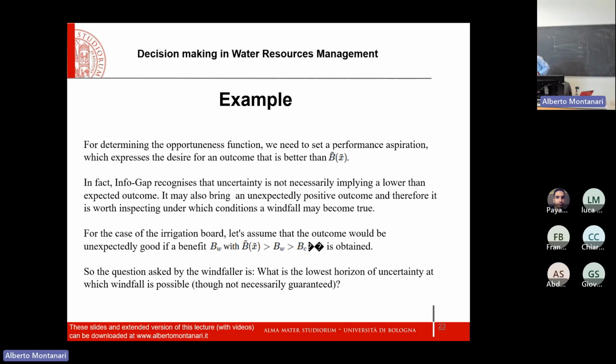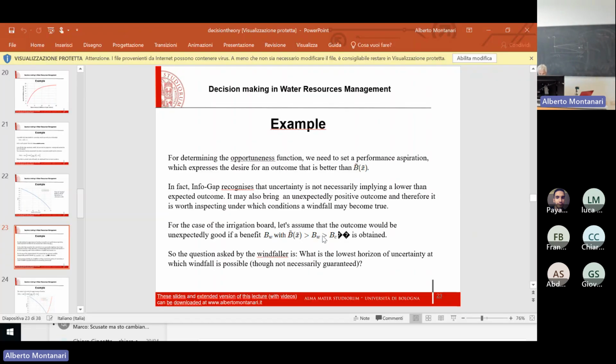Just one second. Here there is the slide. You see that there is a visualization problem. So this BW is larger than the benefit corresponding to the best prediction, as I said. Okay, so let me just check if I can resolve this problem immediately in the slide.